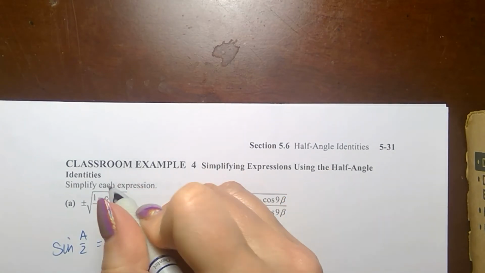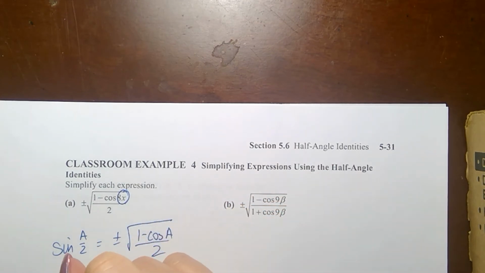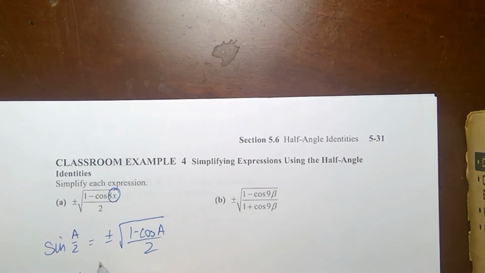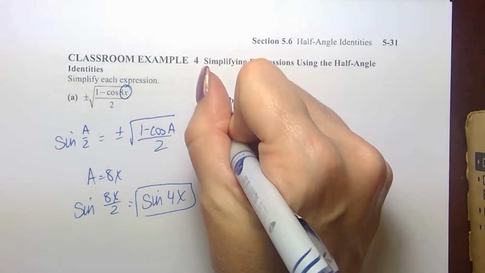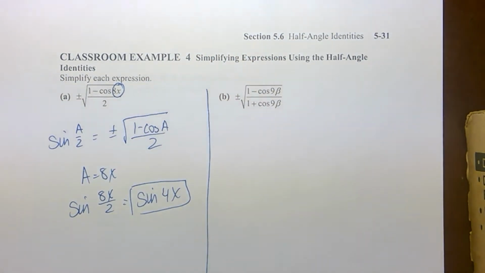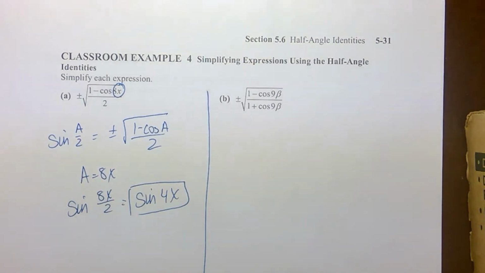So in this case, A is 8x. So half A is going to be 8x over 2. So sine of 8x over 2, which simplifies to be sine of 4x. And that's all we have to do. We don't have to go any further than that. That is all it is asking us for. So once you have identified which half angle identity you're working with, you're pretty much there.